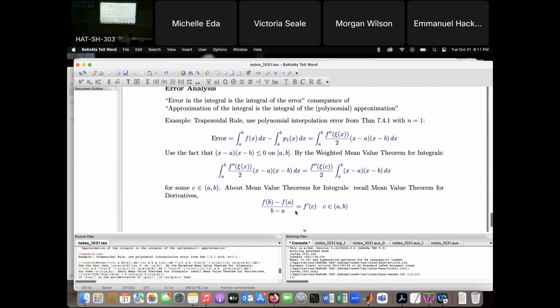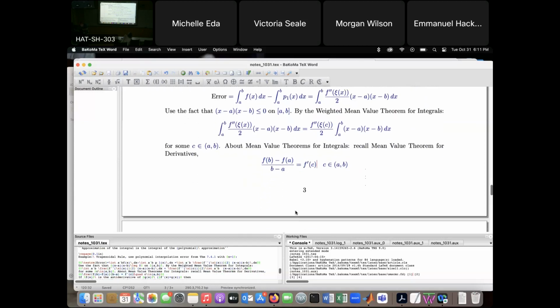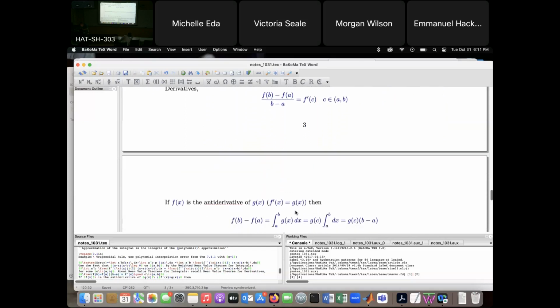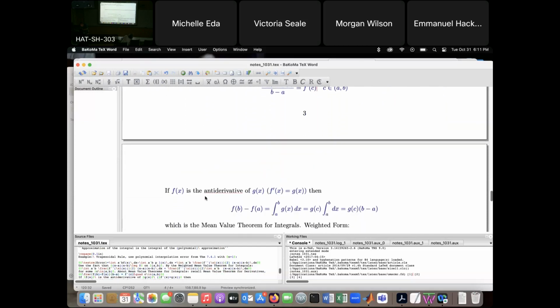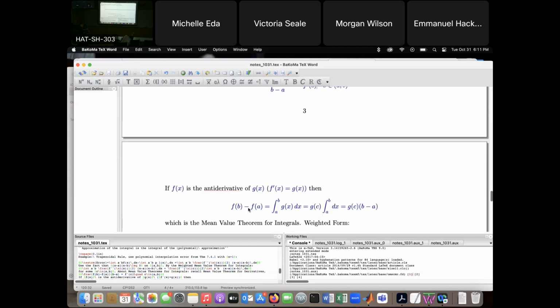Now, we can use this theorem to get what's called a mean value theorem for integrals. So now, I think of my function f as being the antiderivative of some function g. So that f of b minus f of a is equal to the integral of this derivative g.